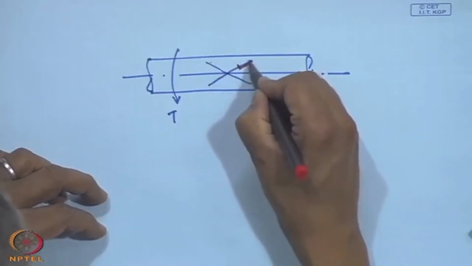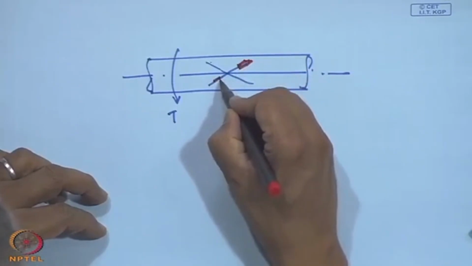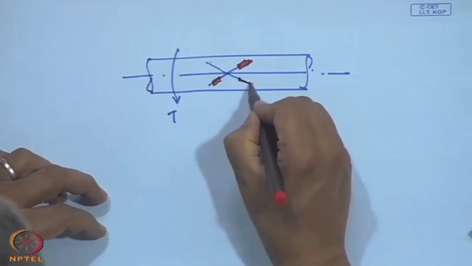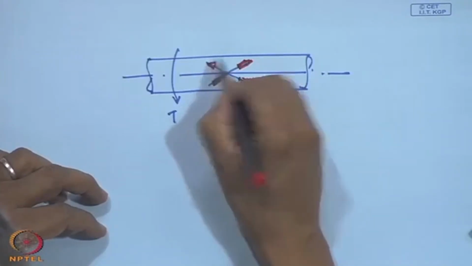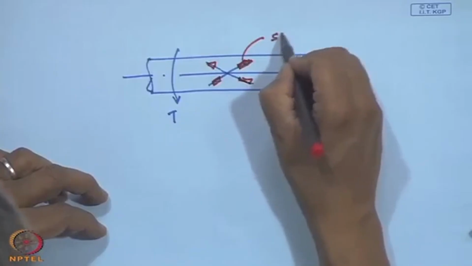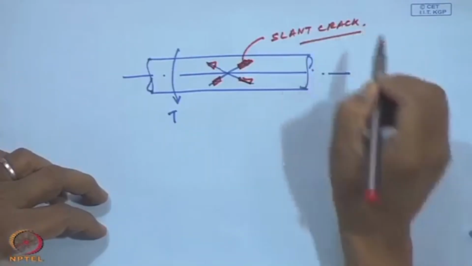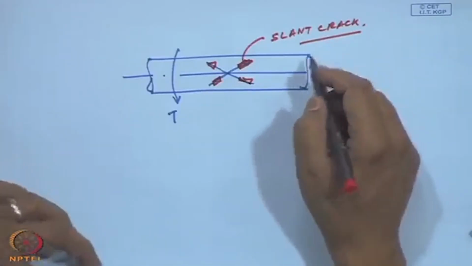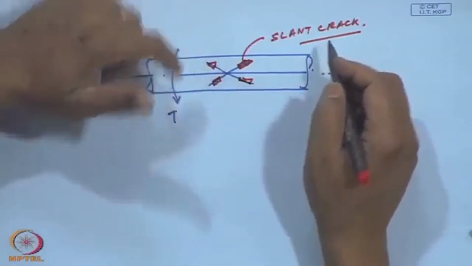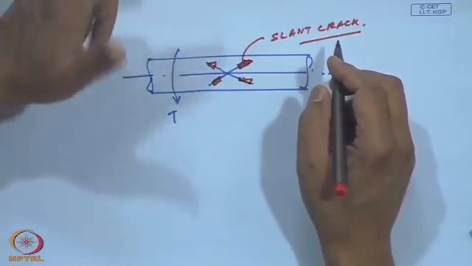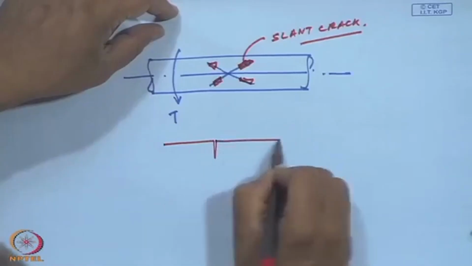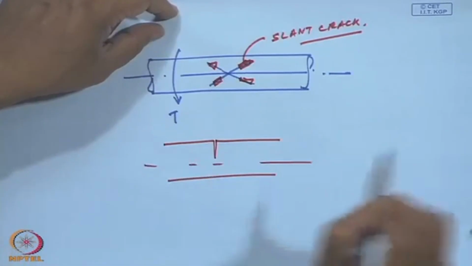And these are the slant cracks. If you see cracks oriented on a shaft in these lines, you can know these cracks are because of the torsional loading on the shaft and not because of the flexural loading. Flexural loading, as I just told you, will give transverse cracks.